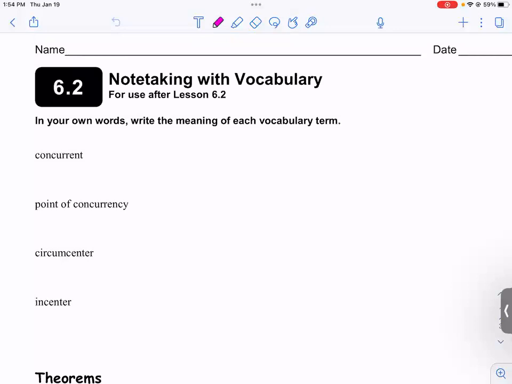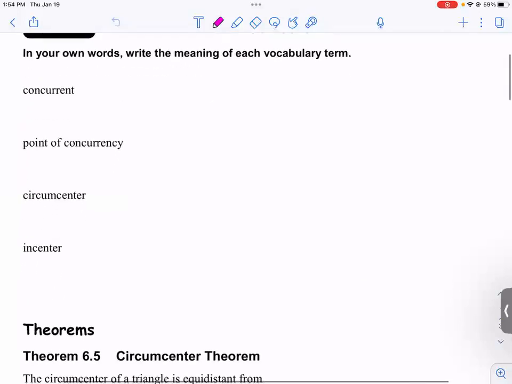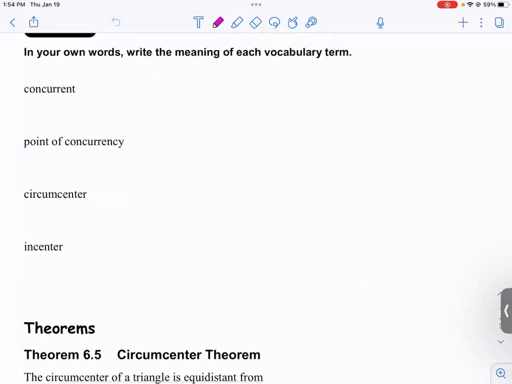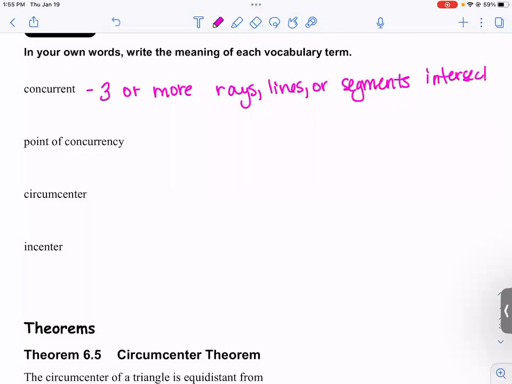Concurrent, that's a fun word, right? Concurrent. So if we have 3 or more rays, not chips, I'm hungry, rays, lines, or segments intersecting, we call them concurrent.